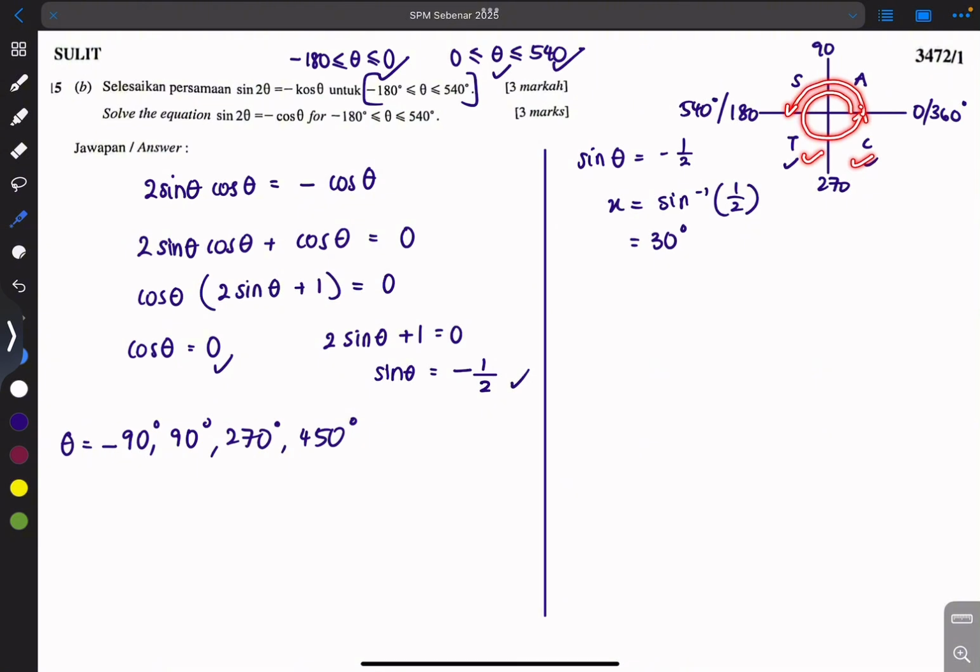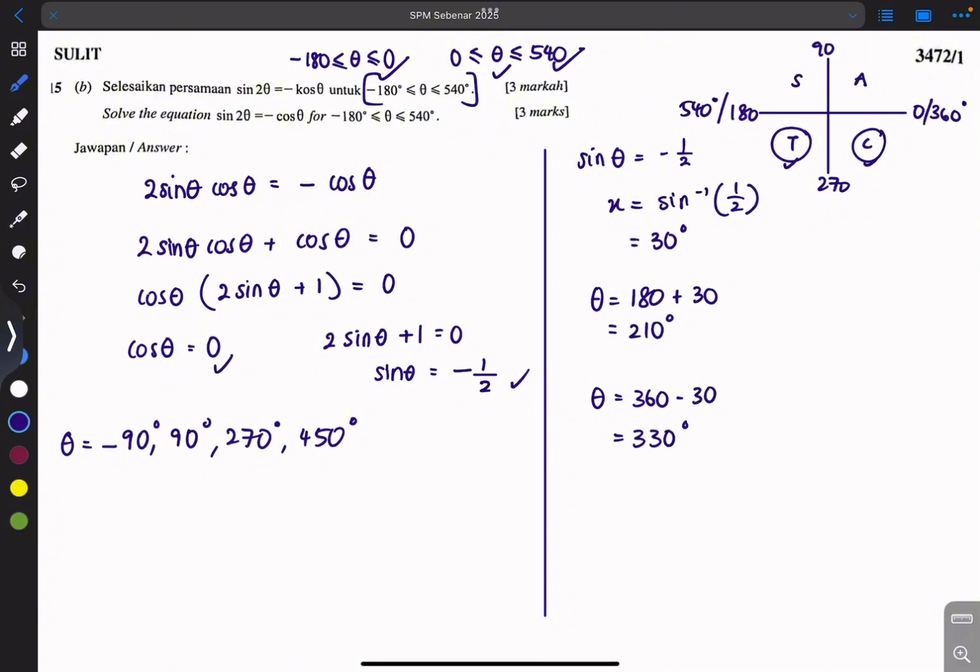So from 0 to 540 we will only get 2 answers, because only in these 2 quadrants sine will be negative. So we just do as usual. This quadrant will be 180 plus theta, and in this quadrant will be 360 minus theta. So 180 plus theta is 210. This will be 330. Okay, this is for the positive range.